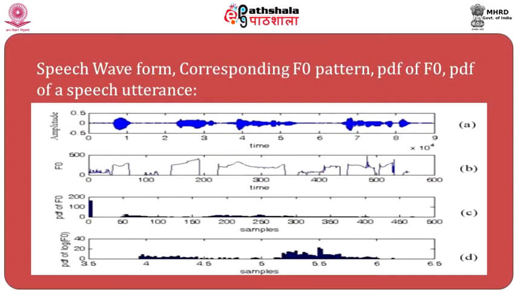From these plots, we can see that the probability density function is approximately Gaussian. This is one of the reasons for taking the logarithm of f0 instead of f0. In addition, sensation to sound is logarithmic. Therefore, the logarithm of f0 is preferred over just f0. And this gives you the answer to the question.